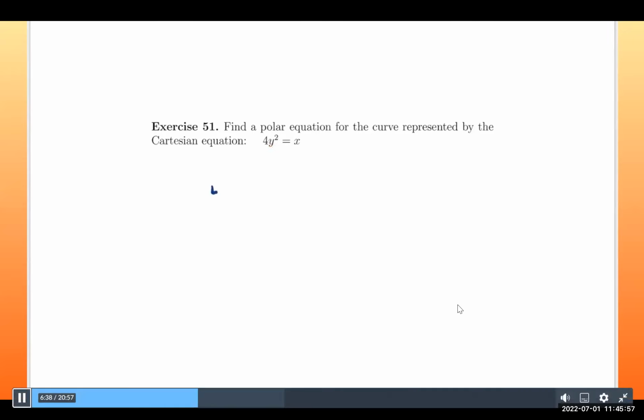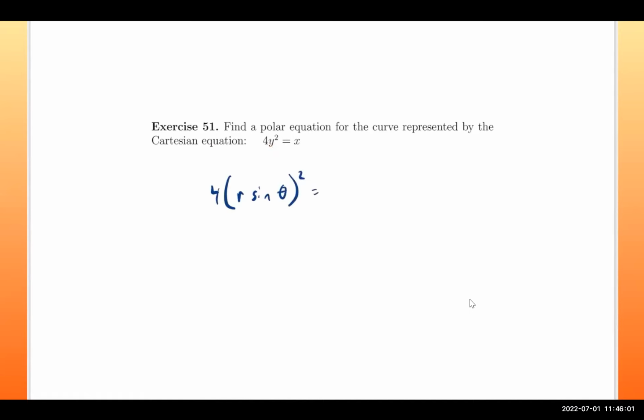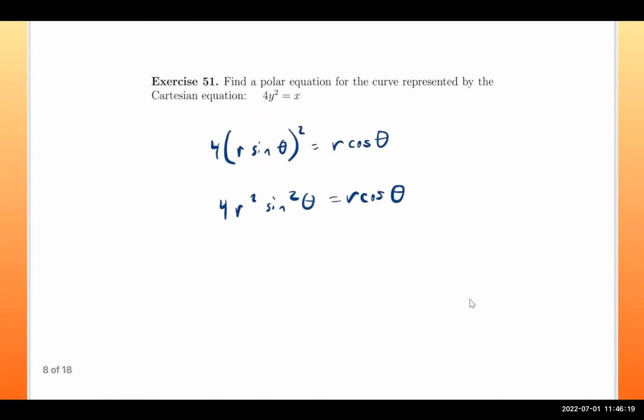Same thing for this next example. So here we're going to replace y with r sine theta, and x we're going to replace with r cosine theta. So squaring this, we're going to get 4r squared sine squared theta equals r cosine theta.